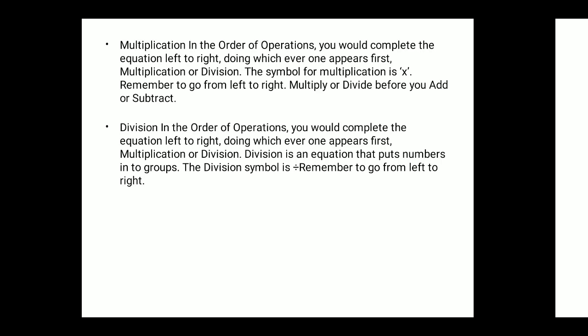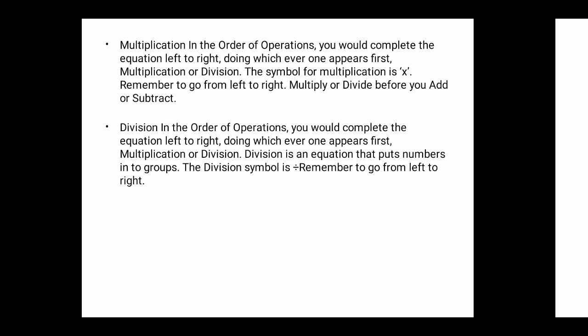Multiplication: in the order of operations, you would complete the equation from left to right, doing whichever one appears first, multiplication or division. The symbol for multiplication is x. Remember to go from left to right, multiply or divide before you add and subtract.